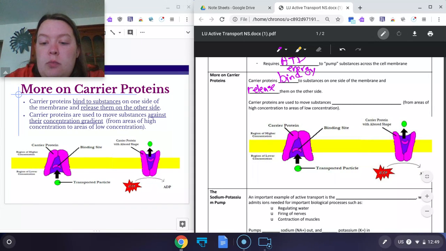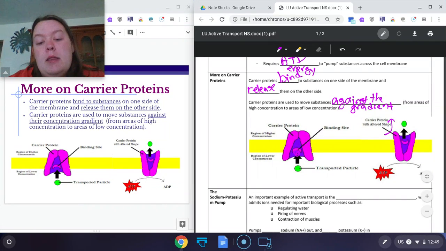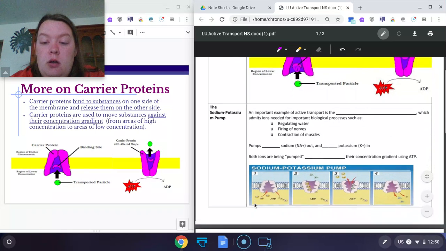So this molecule binds here on this side, but it's going to be released out on the other side. So they are used to carry molecules against a concentration gradient. And that's going to require the input of energy.